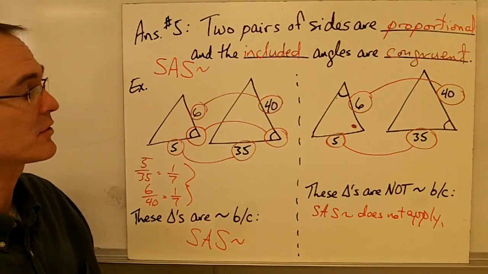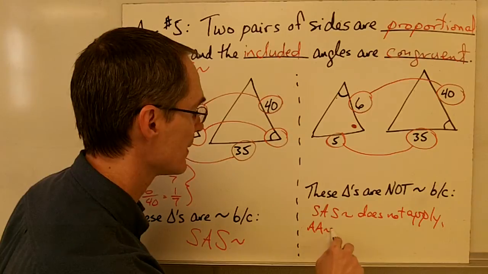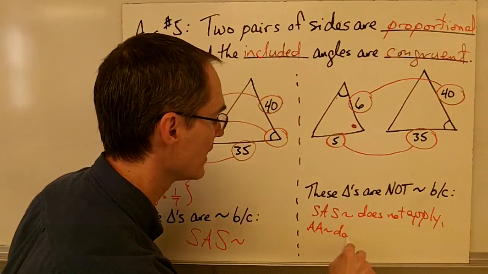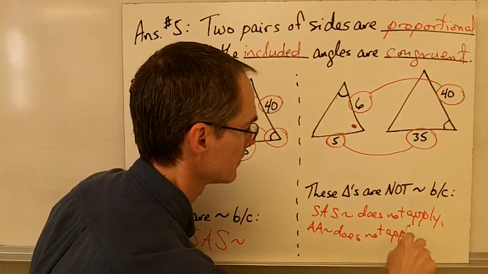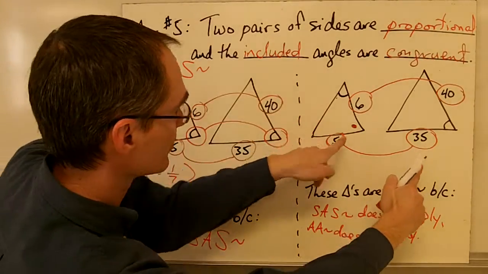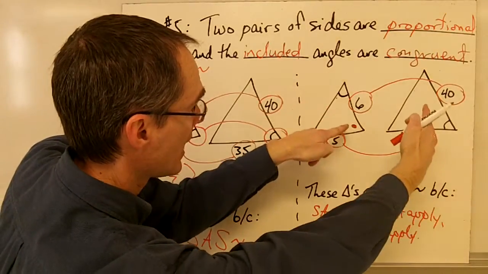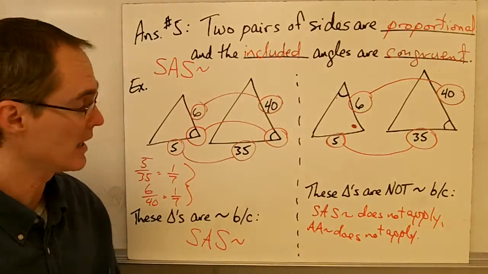And it turns out my answer number 4, which is the angle-angle similarity statement, also does not apply. I can see it doesn't apply because I don't have two pairs of angles that are congruent. I just have this one pair of angles here, so that doesn't apply.